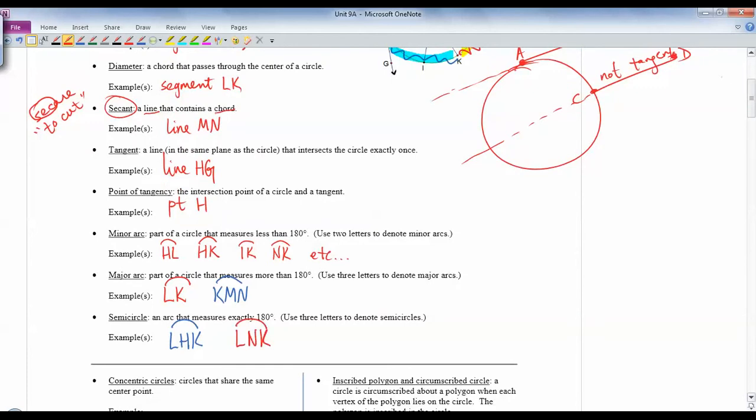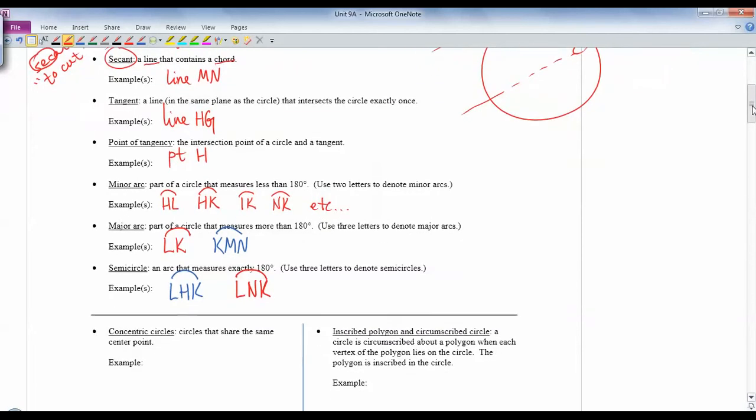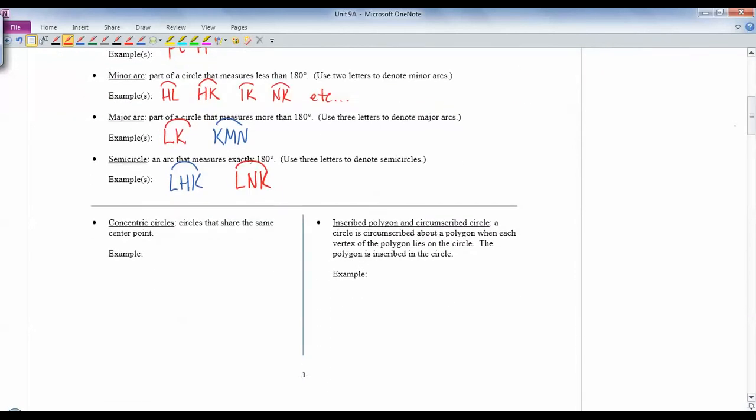Okay, so those are a lot of the terms. And then there are a couple other terms that come up throughout the unit. One is called concentric circles. So co is related to sharing. Centric, if you think about a word that sounds like that, would be center. So this is circles that share a center.